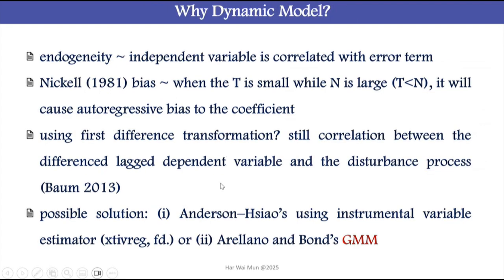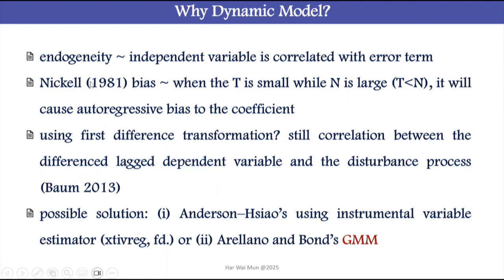Okay. First, we have this endogeneity problem. Your independent variable is no longer independent, it's correlated with the error term, right? Or commonly we say you are affected by the previous item. So you have what is called Nickell bias. We won't go into the technical details, but if you write a paper or a thesis, you have to write this term inside.